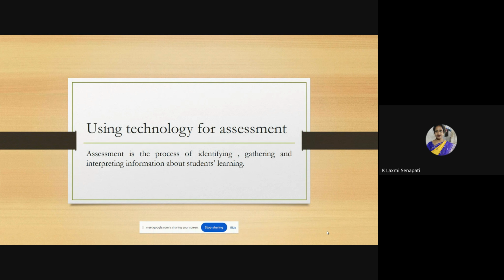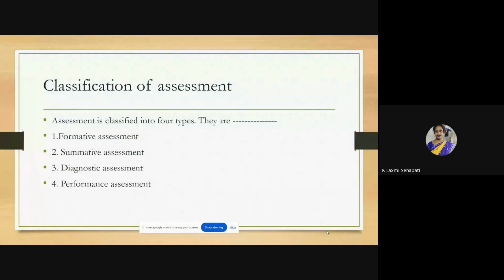Here we have to identify the qualities within the student, and as a teacher, what activities and what type of situation we should give to the students so that they can develop and their learning can be taken in a positive way.